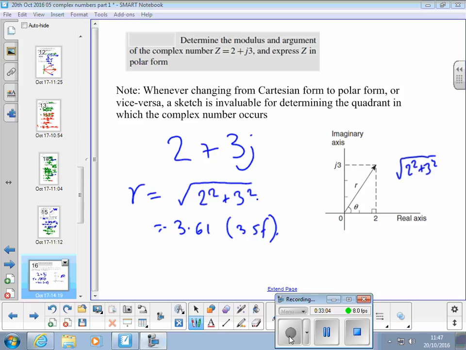Remember previous page? All you're interested in is the length of these 2 lines, there and there, to find the magnitude, the length of that line. It's just a right angle triangle problem.